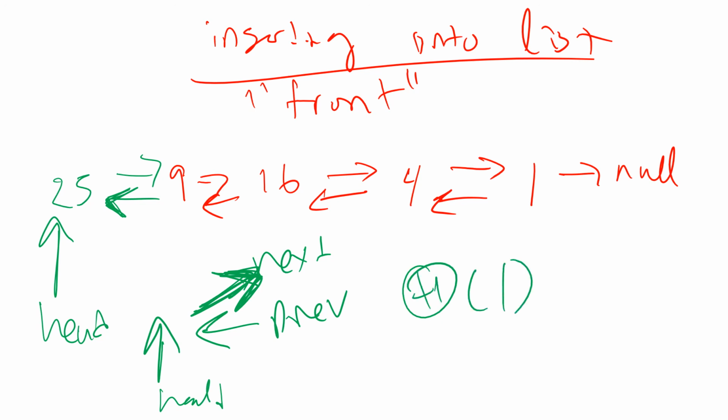Wow, that's cool. And if you have a pointer to the tail, you can insert at the end pretty easily too. It's the exact same thing. You just need to also hold a pointer to the tail of the list, and that's pretty trivial to do. So you could do it at the end or at the front. I chose the front without loss of generality.